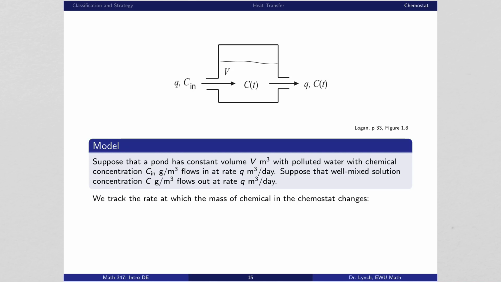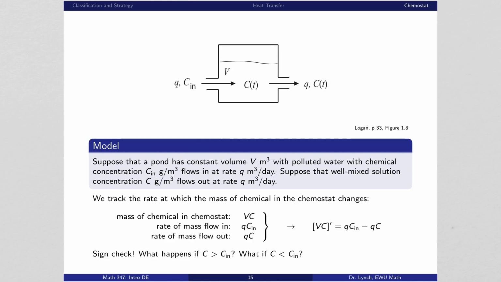On one hand, the mass of chemical in the chemostat ought to be the volume in some cubic meters times the concentration in the chemostat in some sort of grams per cubic meter. Okay, so quantity in meters cubed V times the quantity in grams per cubic meter C will give us a mass in grams G.